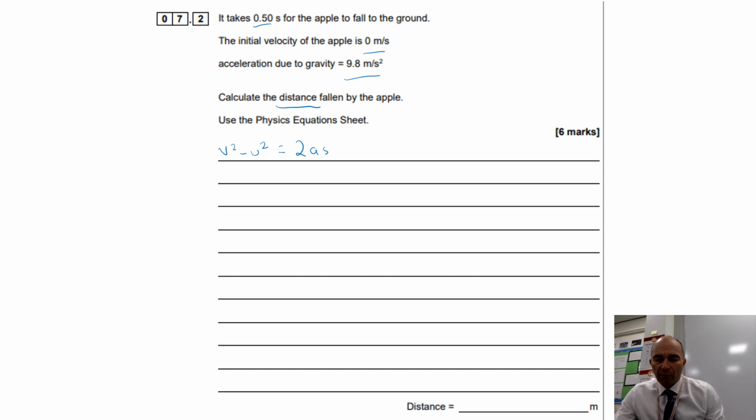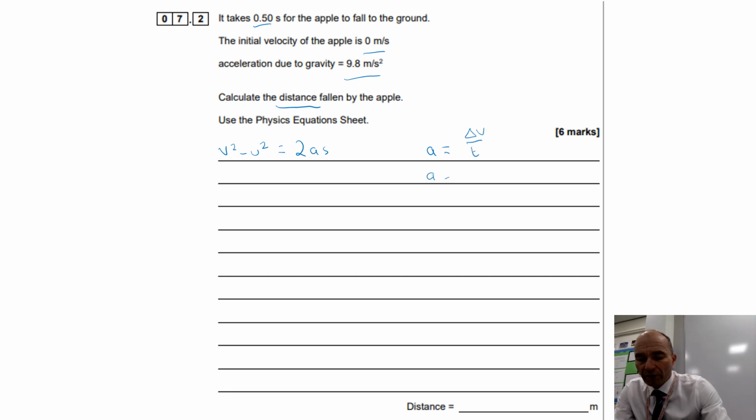Now, the only problem we've got is we don't know the final speed of when the apple hit the ground. What we do have though is the acceleration, the initial velocity, and the time that it took for the apple to fall. So first of all, we need to use that acceleration is change in velocity over time.